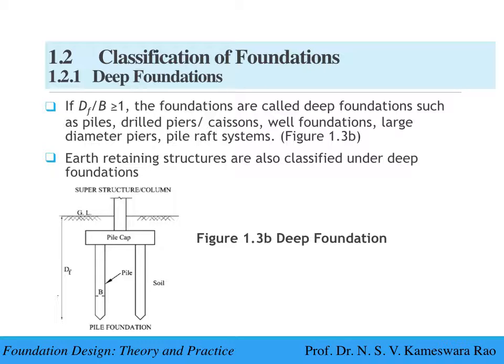Deep foundations are similar to shallow foundations except that the load coming from columns or superstructure is transferred to the soil vertically. These are used when column loads are very large, the topsoils are weak and soils with good strength and compressibility characteristics are at a reasonable depth below ground level. Further, earth-retaining structures are also classified under deep foundations.